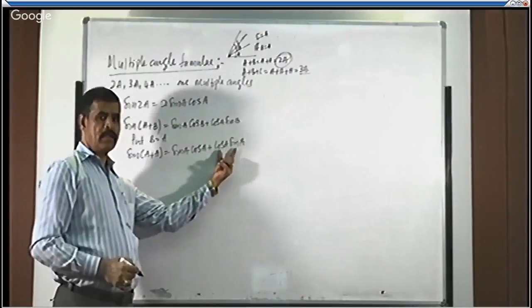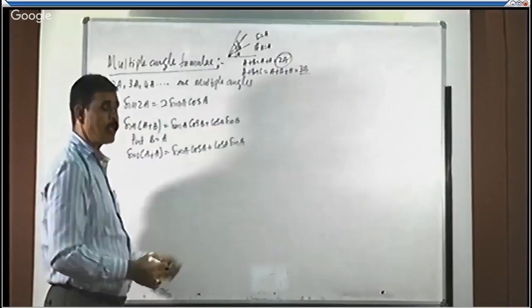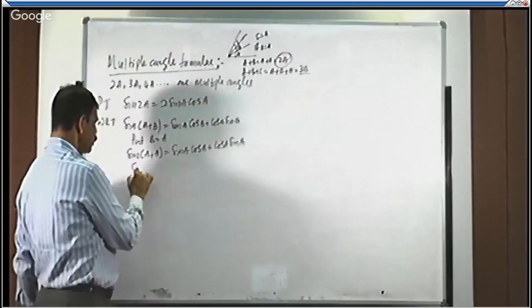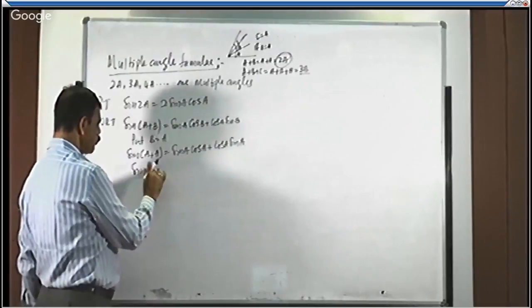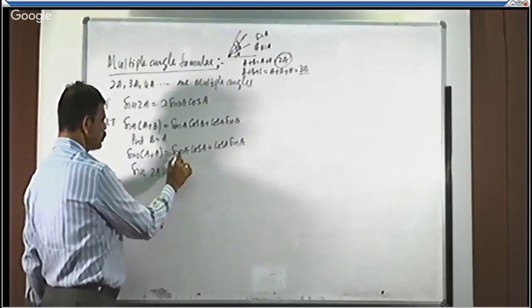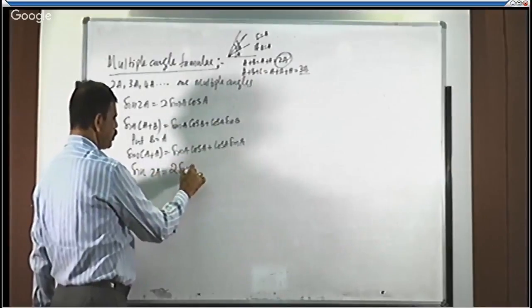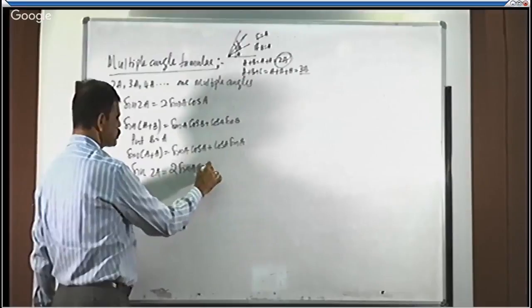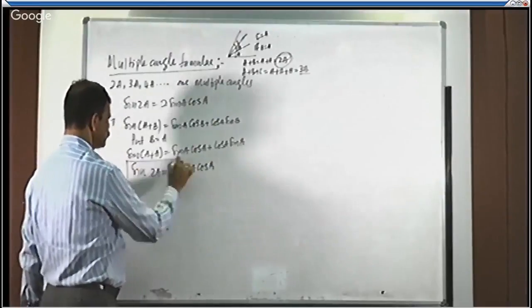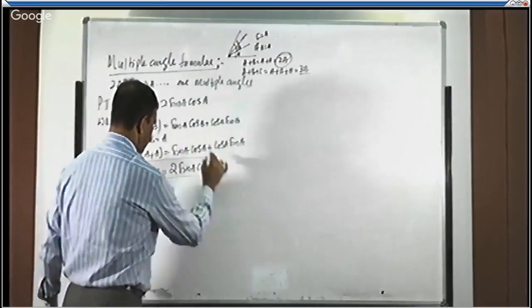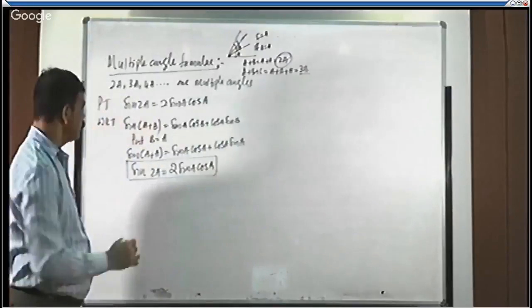Sin A cos A, they are two times the same thing. Therefore, sin of 2A is equal to sin A cos A plus cos A sin A, which is 2 sin A cos A. That is the sin 2A formula.